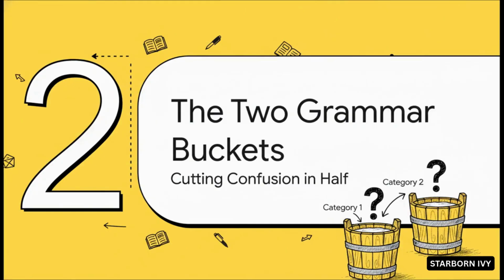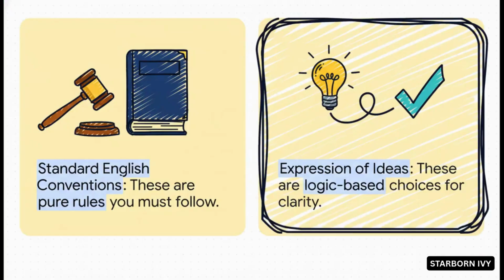So, how do we make this whole game simpler? Well, it turns out that every single question on this test falls into one of just two categories. That's it. Just two. And just knowing which bucket a question belongs to, that's half the battle right there. It's the first step to getting the answer right and getting it quickly. So, check this out. This basically splits the entire test right down the middle.